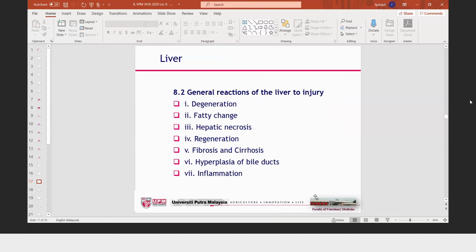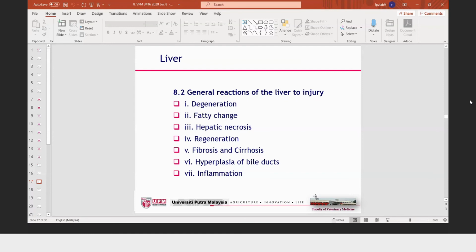And general reaction of the liver to injury, I think this is more general. They are the same as in other parts of the body. The only difference is that they involve hepatocytes. And tissue response to injury, you have 10 types of tissue response to injury.